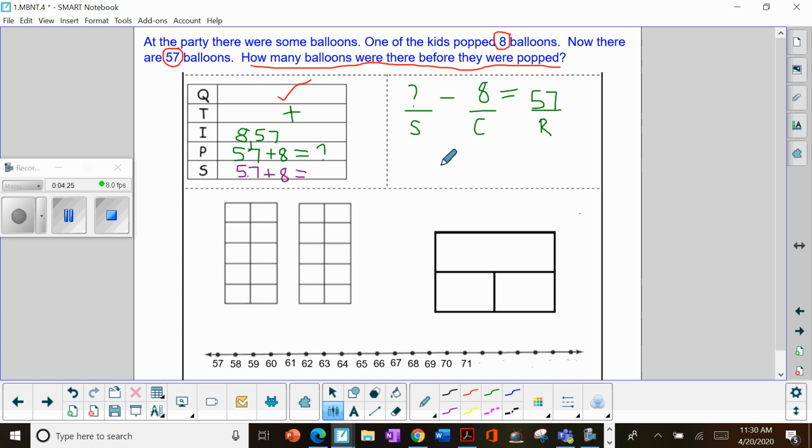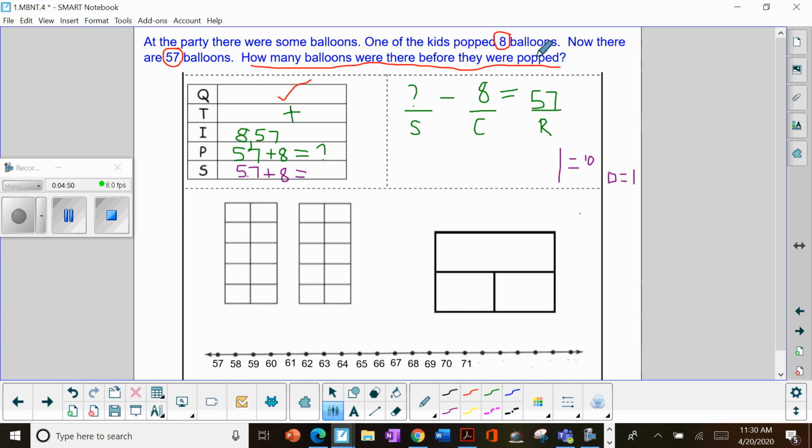Now, again, I'm not going to do just like yesterday. I'm not going to draw 57. I'm going to do our tens. So 10. And our ones. That little cube will try and look like a cube equals 1. That line equals a 10.